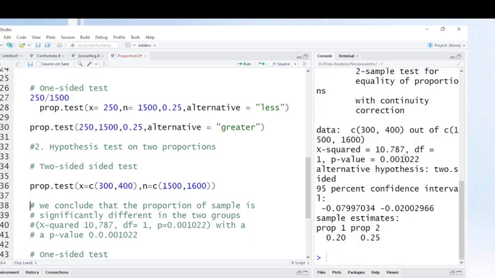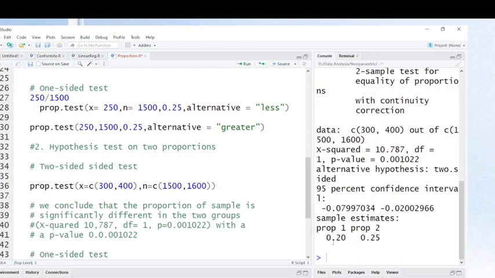As you see here, friends, the p-value is less than 5%, and you conclude that these proportions are not equal. Because when you see here the proportion, we have 0.20, and here we have 0.25.